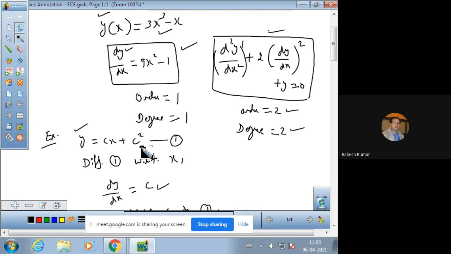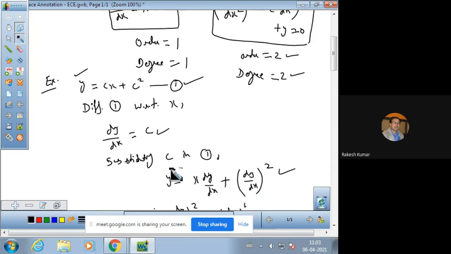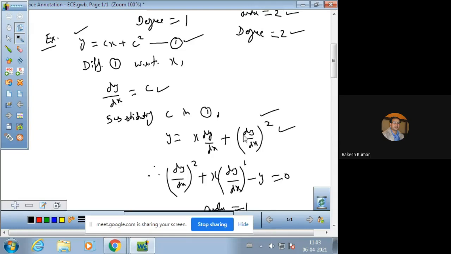Now, for finding the differential equation from this equation 1, you just need to eliminate this constant c. So you just put the value of the constant c in this equation. After substituting c, you will get an equation of this form, and this equation can be written like this.